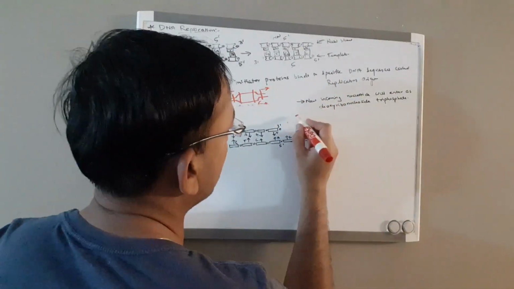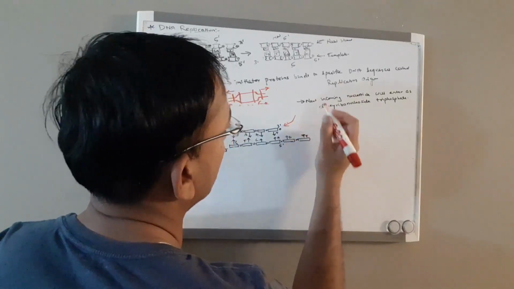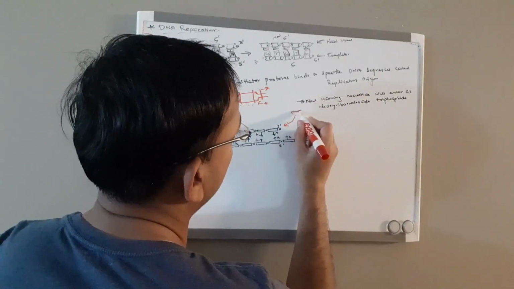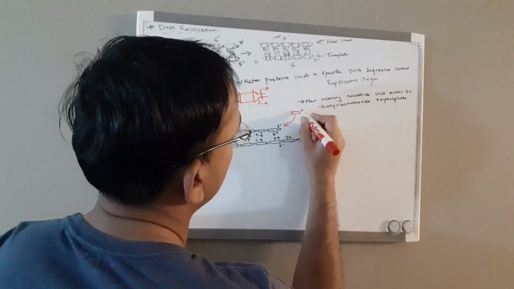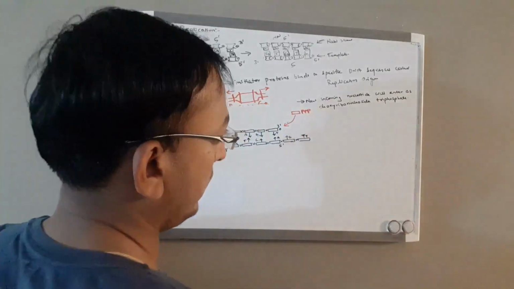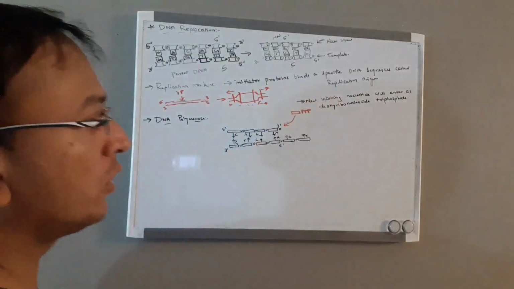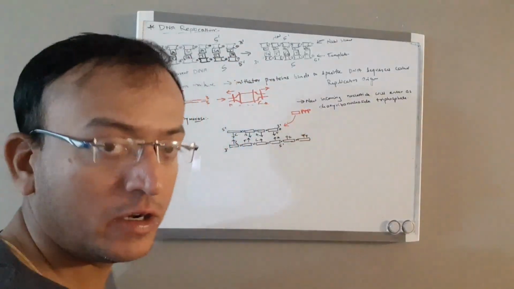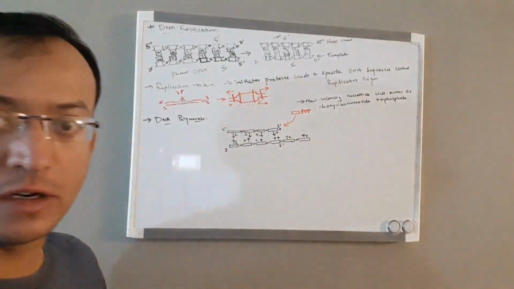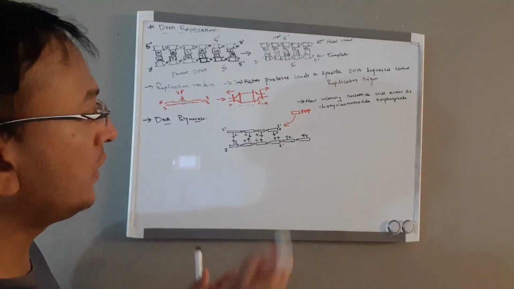So for example, this is our incoming nucleotide with 3 P's. Deoxyribonucleoside triphosphate is coming here, and it enters the reaction as this.